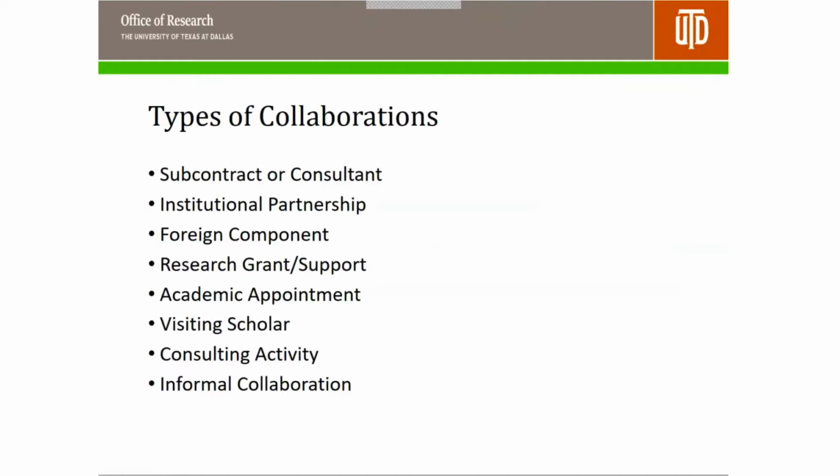If you have a subcontract with a foreign entity, or you're hiring someone as a consultant, there's an agreement with the university and a transfer of funds between UTD and that entity or person. If that agreement comes through the research office, we will help you identify all of the risks for both conflict of commitment and export control compliance. The same goes for an institutional partnership.